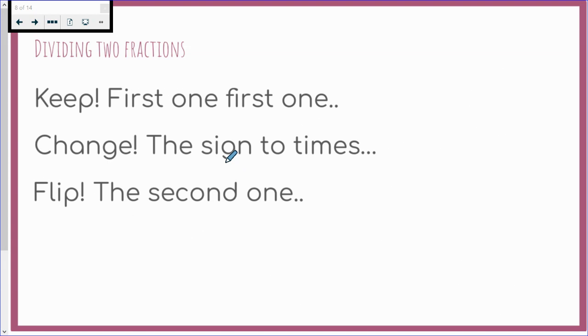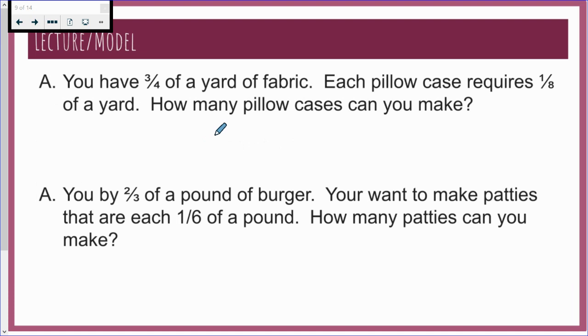Alrighty, so now let's take a look at when we divide with 2 fractions. Same process, except one of them is not going to be a whole number. You have 3/4 of a yard of fabric, and each pillowcase requires 1/8 of a yard. How many pillowcases can you make? So we are starting with 3/4, and we are cutting it up into 1/8. 3/4 divided by 1/8. 3/4 would be my keep.